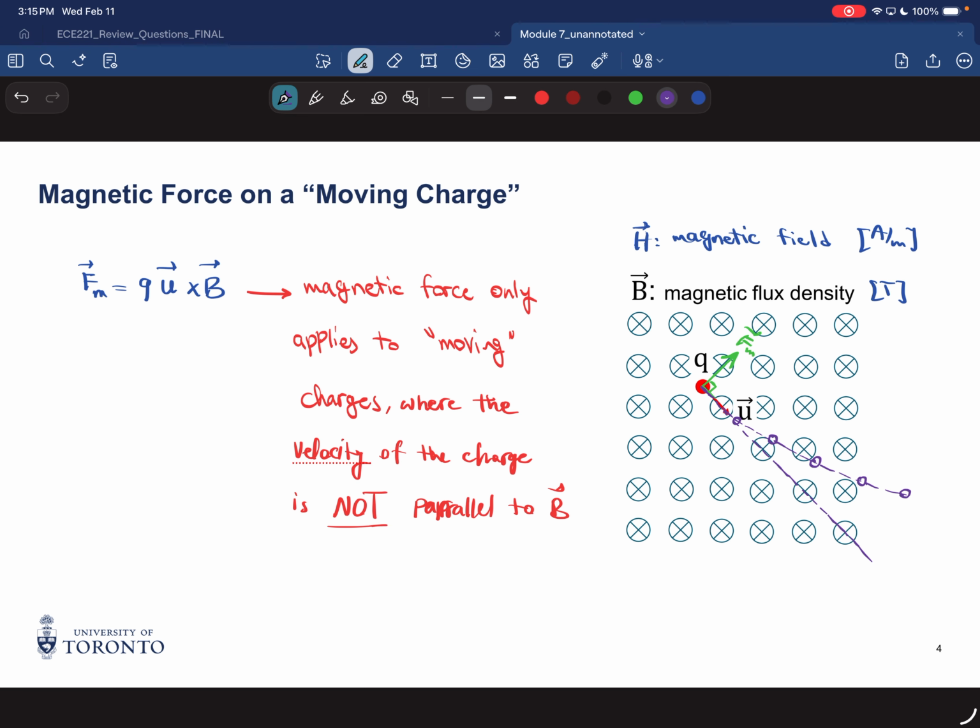For example, when U is in this direction, you would solve this again and then it would be here. So this is the new U, and this is the new Fm. Then this is again another U at this point, and this is going to be Fm. So every time, instead of going directly on the original path, the charge is not going to do that. It's going to follow this deviated route.